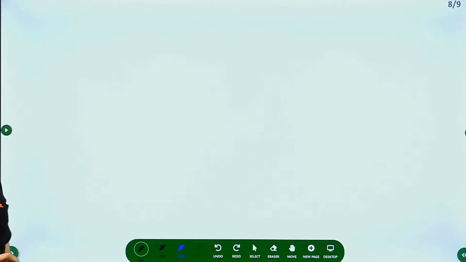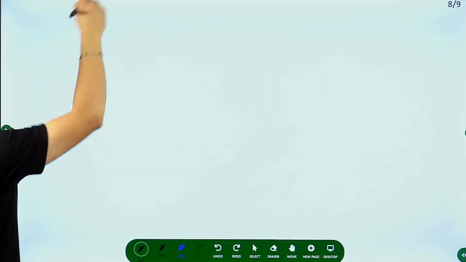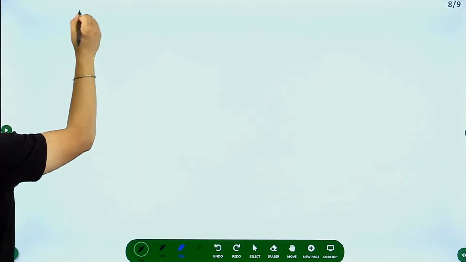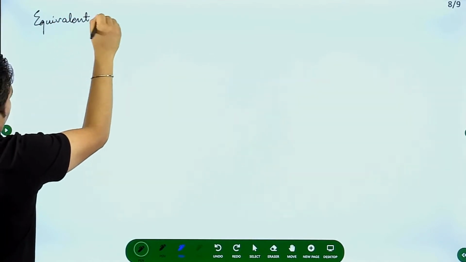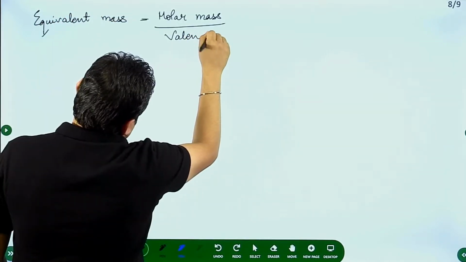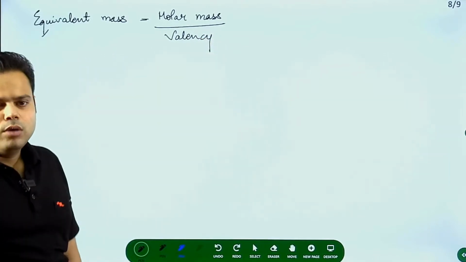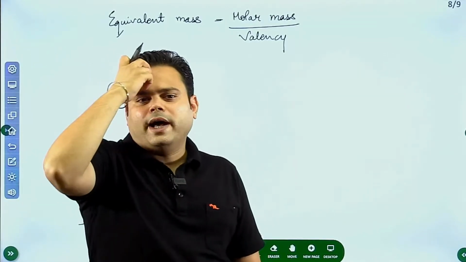Moving ahead, let us try to understand what exactly we mean by equivalent mass. Equivalent mass is nothing but molar mass upon valency.